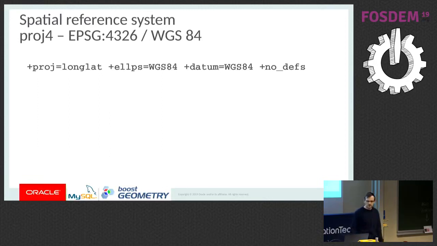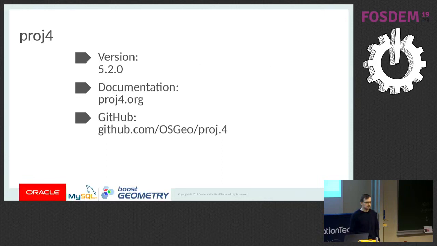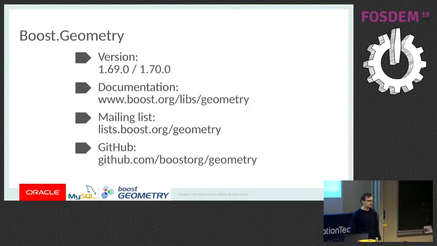So during this talk, I'll be talking about Proj4, or actually I'll be talking about Boost Geometry, but in relation to Proj4 because this is the state-of-the-art library. The most recent version is 5.2, and here are the addresses. And the Boost Geometry implementation is based on Proj4.